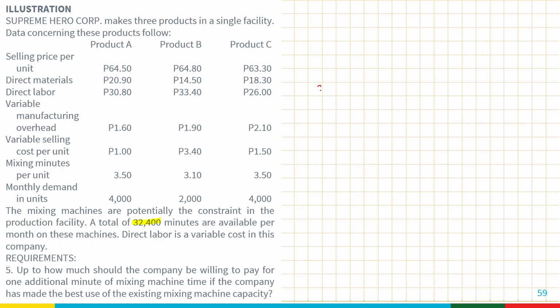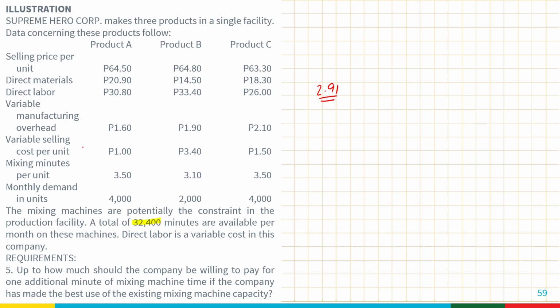That is 2.91. Okay? Kasi kung magkakaroon tayo ng additional 1 minute, kanino lang natin siya pwedeng gamitin na para mag-produce ng product?